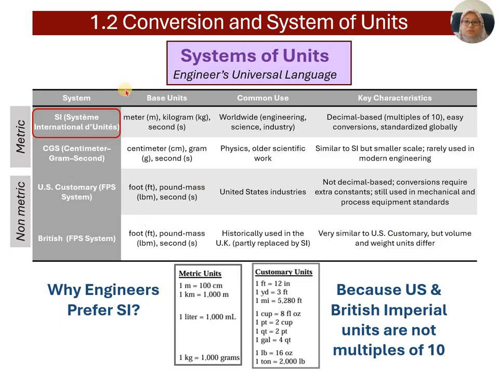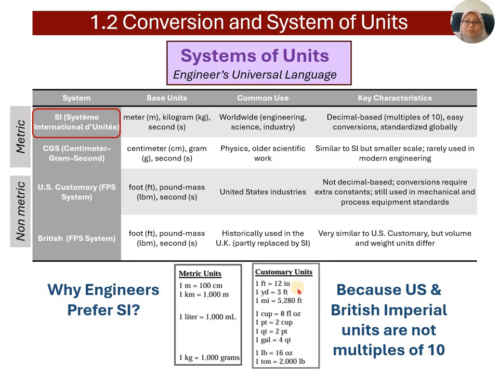So among all systems of units, SI unit is preferred by engineers around the world. Why? Because it is very simple, whereby all the numbers are decimal based. It's coherent. Every prefix changes by a power of 10, making conversion very simple and precise.